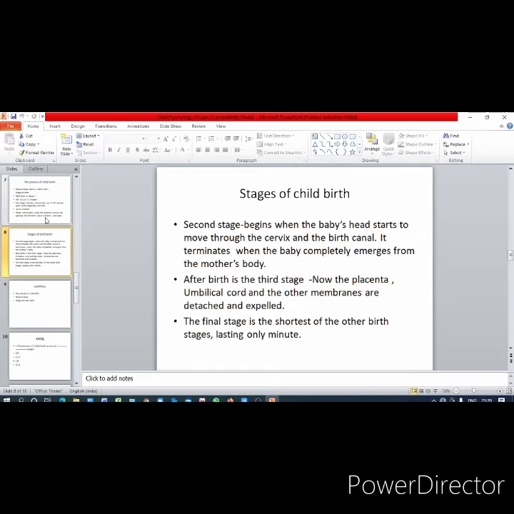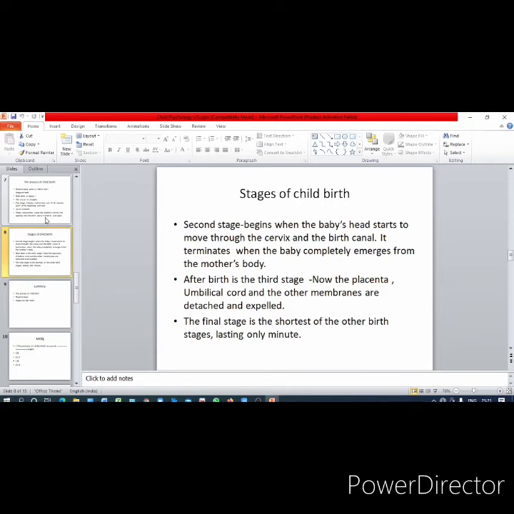After birth is the third stage, at which time the placenta, umbilical cord and other membranes are detached and expelled. In this final stage, labor comes to an end with a few final contractions and pushes.